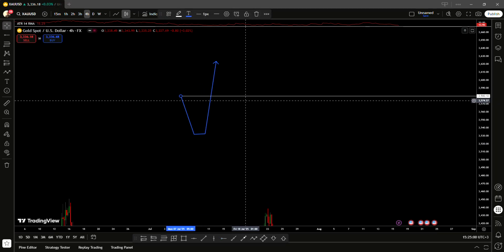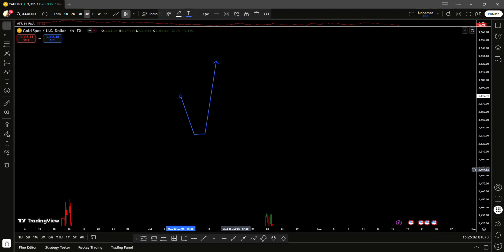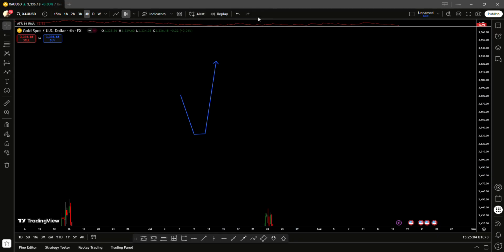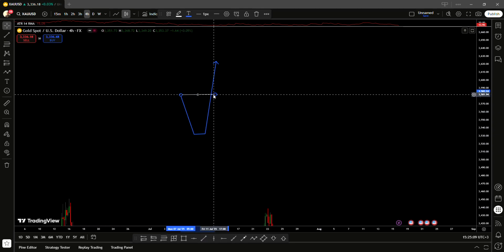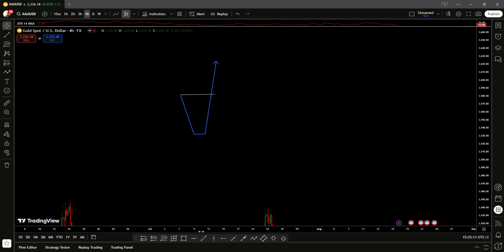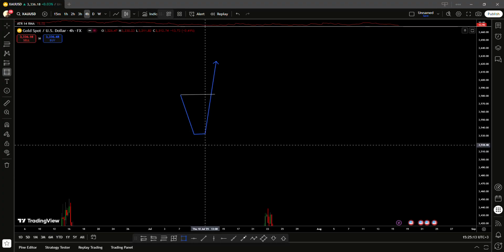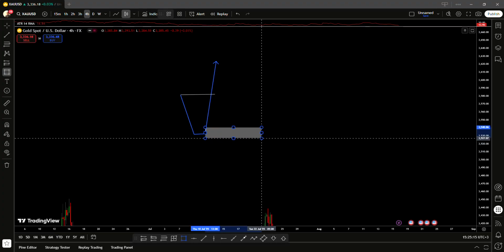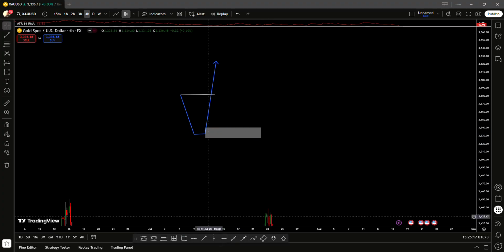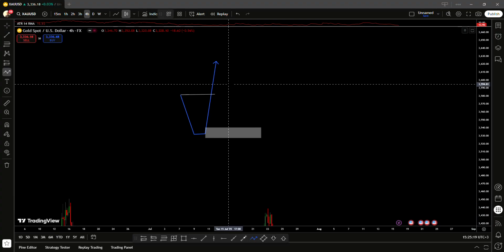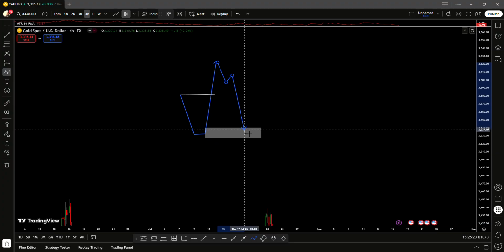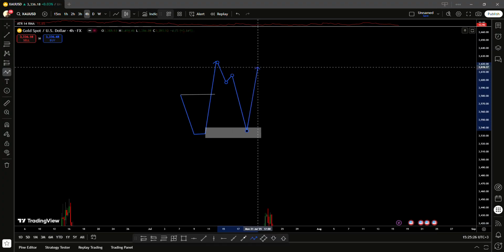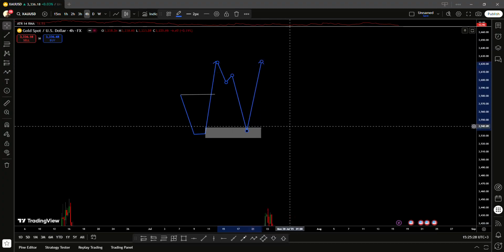If it creates this break of structure, what we are expecting is price to come back to this area if there is a valid demand zone, and then it will buy to the upside. So we're expecting price to come back to this area and then buy to the previous high as our take profit.